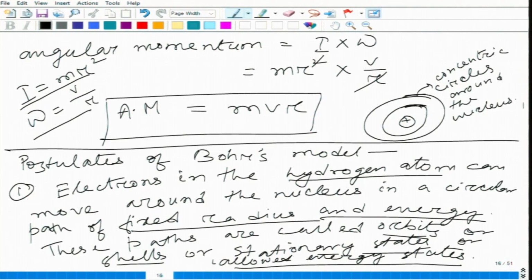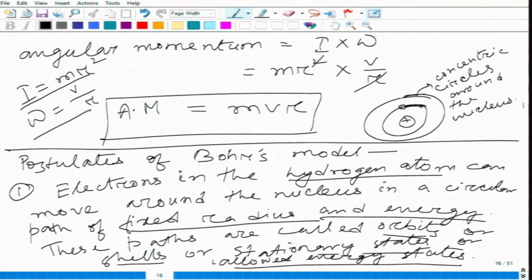These paths were called orbits or shells or stationary states or allowed energy states. We know that they are called orbits or shells. But why stationary states? They are called stationary states because the energy remains constant or the energy remains stationary, and the electrons in these orbits are also stationary.